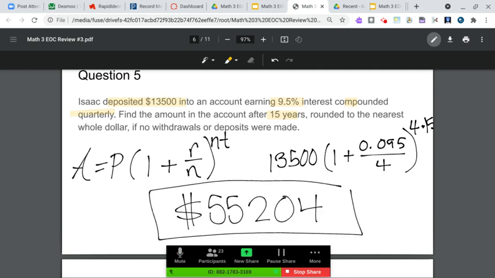Plug straight into Desmos after you have it set up. As you can see, you need to know this formula. Any questions on number 5?